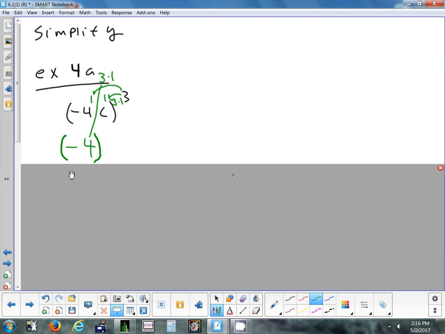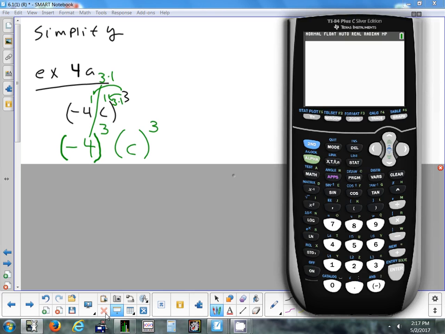And then we're going to have C to the 3rd. Now, why is it really important you put parentheses around that -4? Even if the C wasn't there, I still want parentheses around that -4. How come? So it doesn't look like -4 cubed is -43?